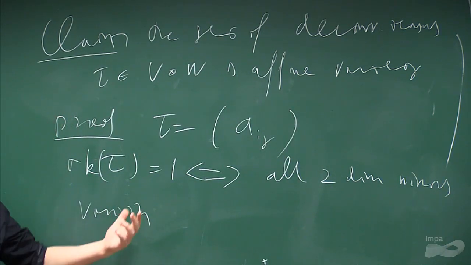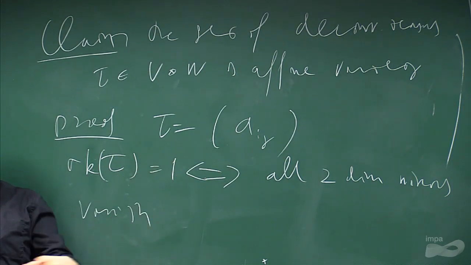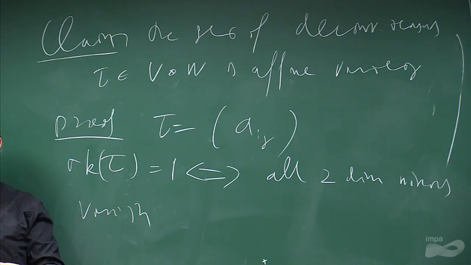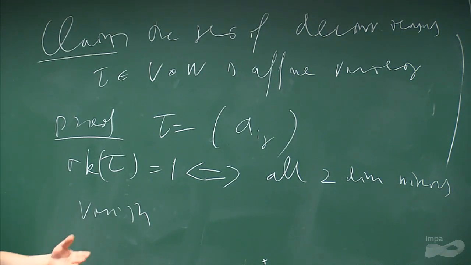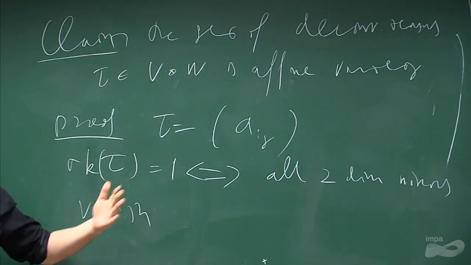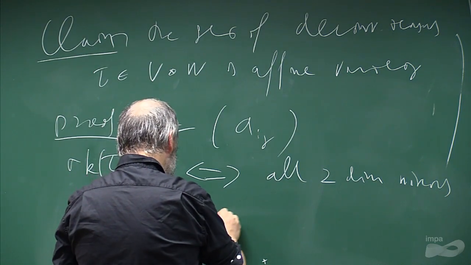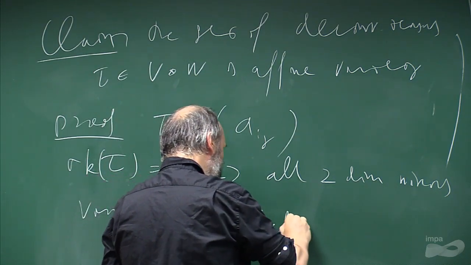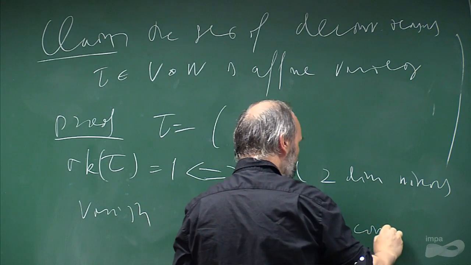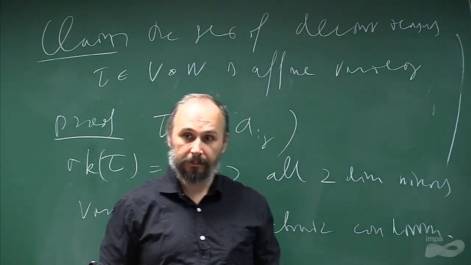In other words, you take two-by-two submatrices and compute the determinant. If it is 0, then the rank is 1. If the rank is 1, then it is 0. And this is an algebraic condition. Clear?